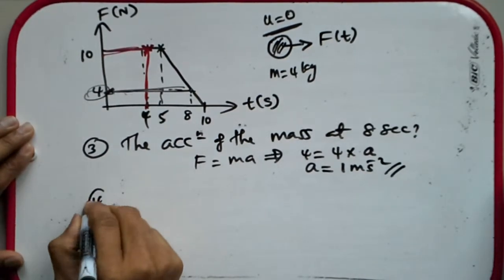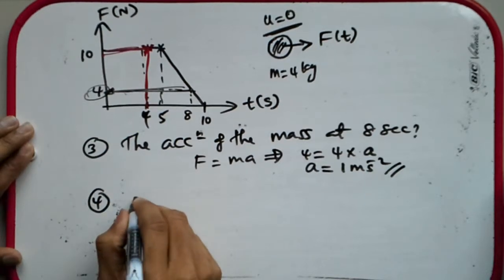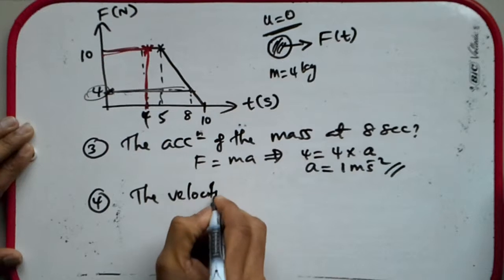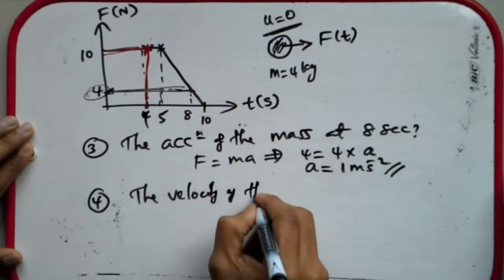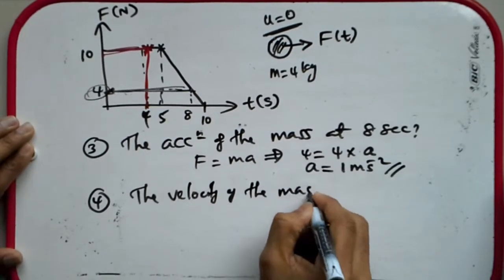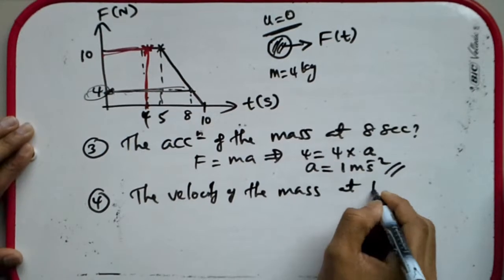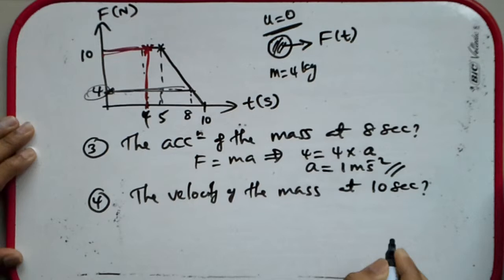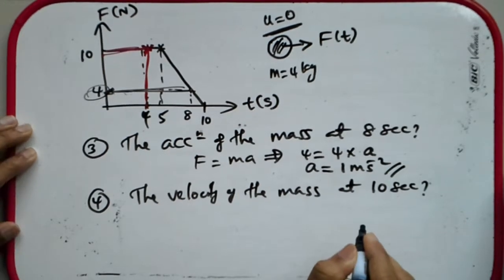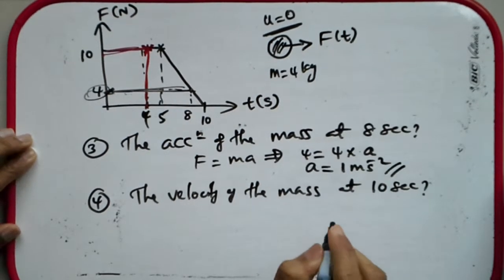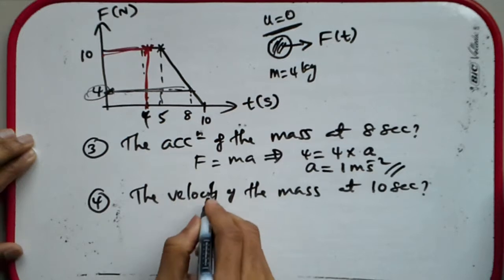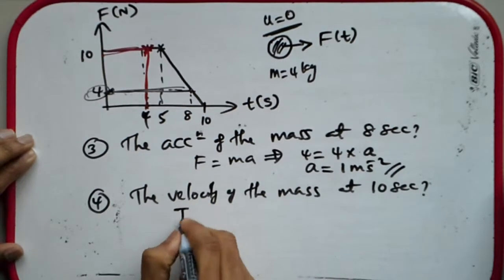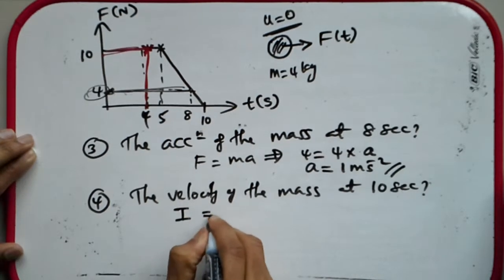And the fourth problem is the velocity of the mass at 10 seconds. What is the velocity of the mass at 10 seconds? So how do you do this? Well, I'll use the change in momentum, which we call impulse.